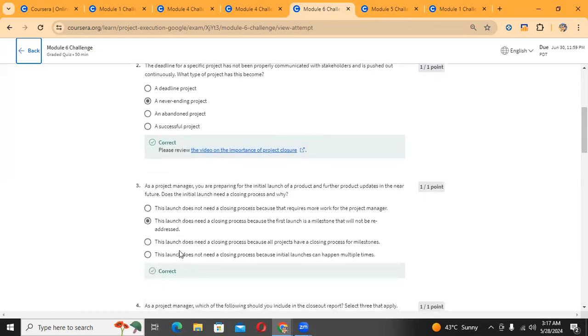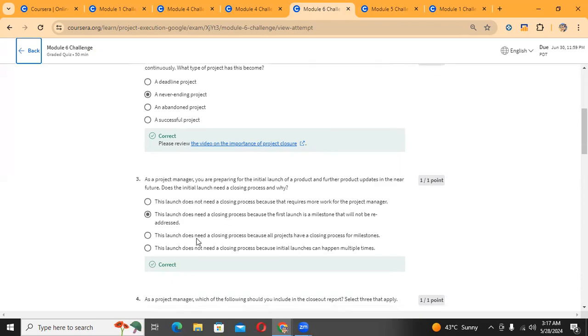In the third question, it asks about the need for a closing process for the initial launch of a product. The answer is this launch does not need a closing process, because the first launch will not be readdressed. So this is the answer.